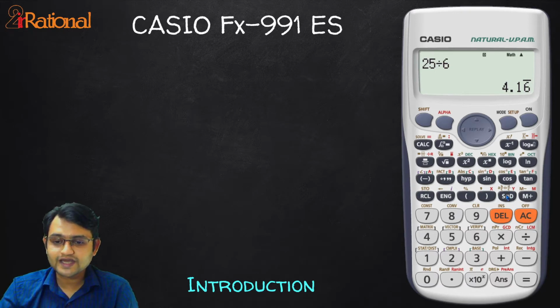If I press that SD button again, you can see I get a much more elaborate answer, and if I press again, I will get my fraction back. So you can use this SD button to convert your answer from fraction to decimal and decimal to fraction whenever you require.